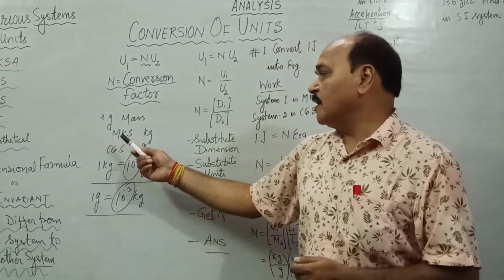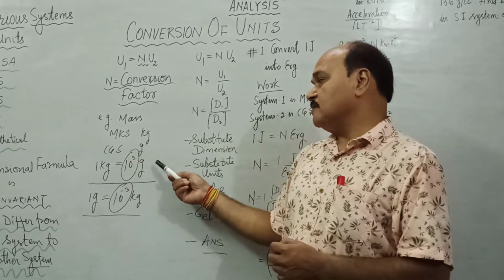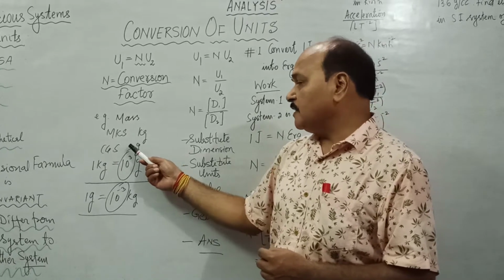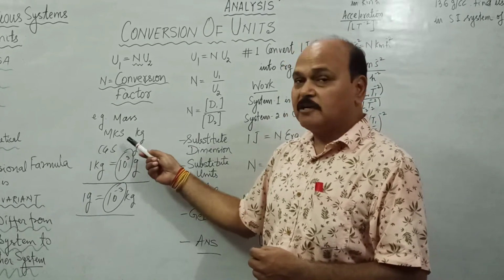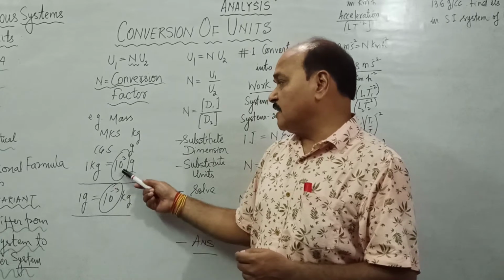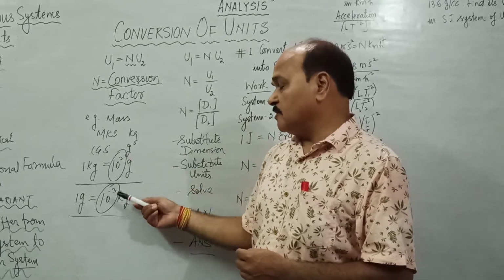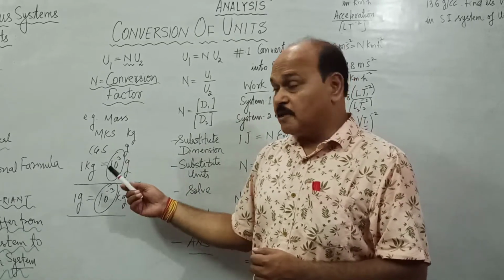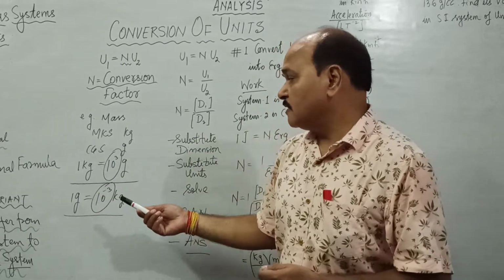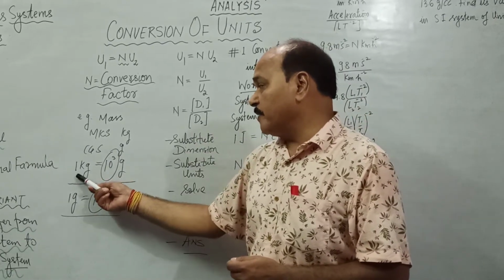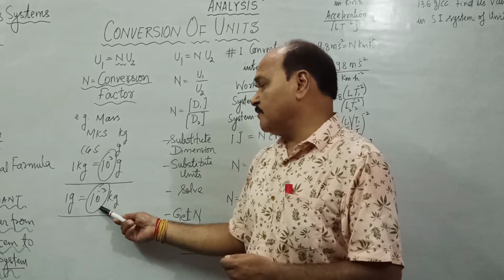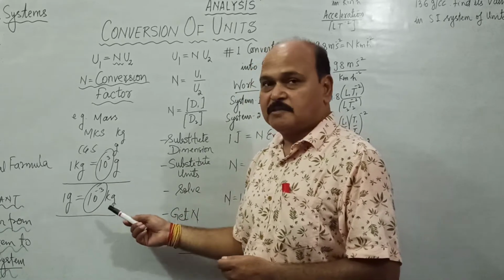Any mass in MKS system can be converted into CGS system by multiplying that mass with 10 to the power 3, that is 1000. So 10 to the power 3 is the conversion factor from MKS to CGS, and 10 to the power minus 3 is the conversion factor from CGS to MKS.